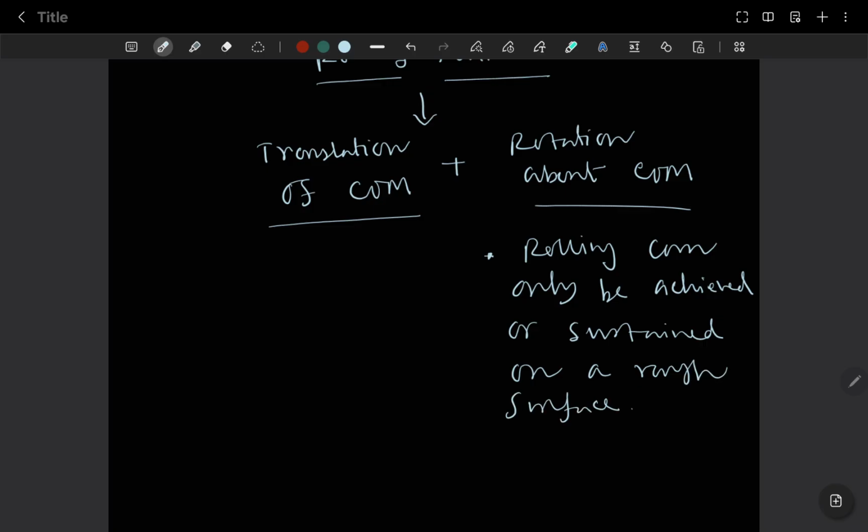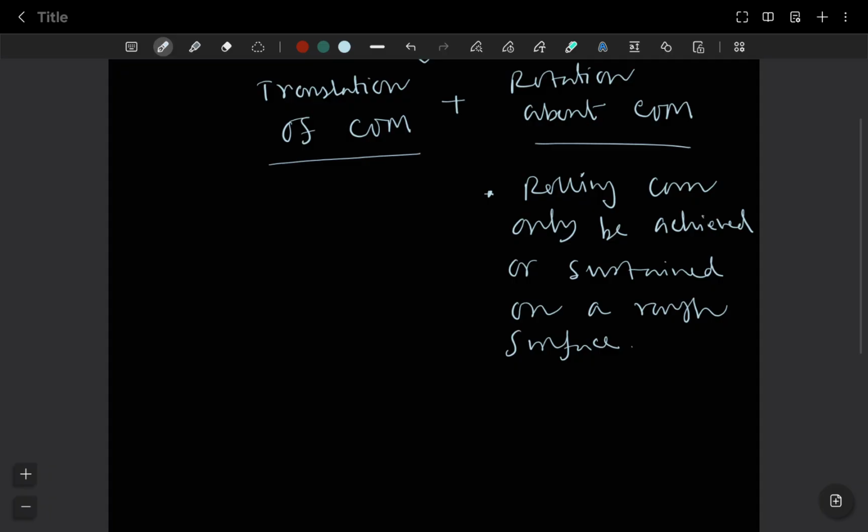Without friction, rolling can neither be achieved nor be sustained. The role of friction in rolling motion, we will understand as we discuss this motion in this video.